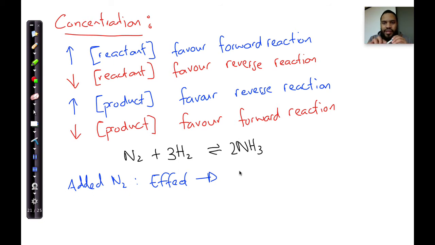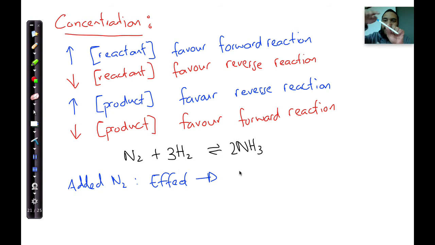So let's look at this. Let's assume that this is my reversible reaction. The direction of the pen, this direction here, is going to be to the right. To the right, it is going to be the forward reaction. So when I've increased the concentration here, the system wants to down the concentration.